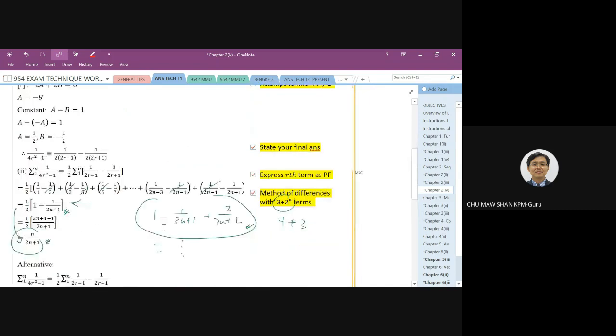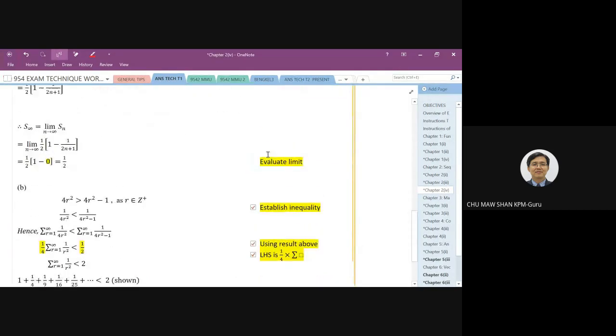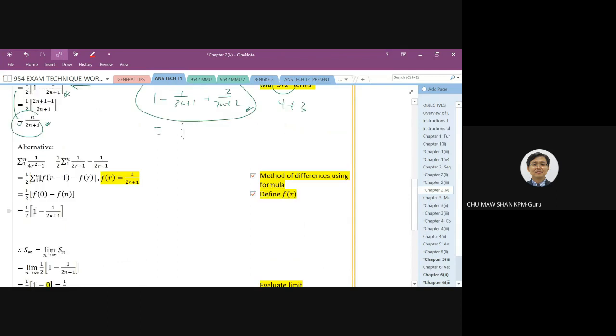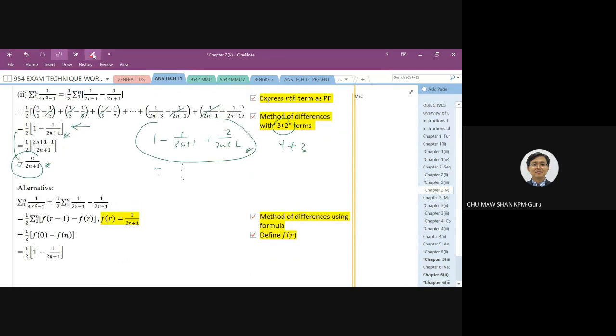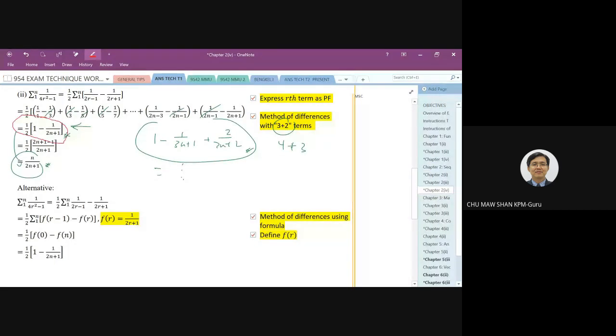Next one, deduce the sum to infinity of the series. Whenever you deduce, this is the best form, because it is in the form in which we can easily find the limit. Don't use the other one.